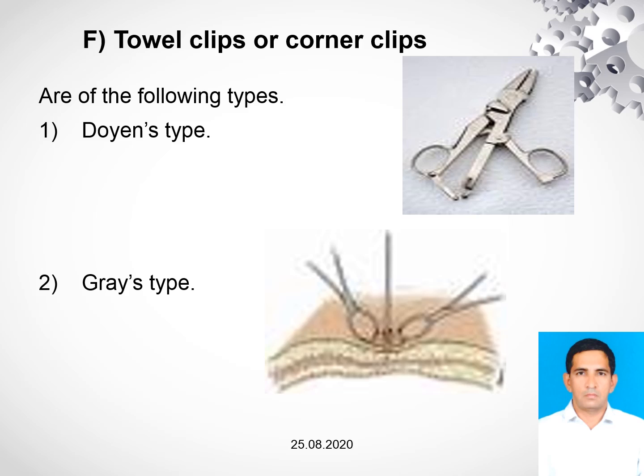The tips can secure the drape more tightly than a single prong clamp like Backhouse. The clamp has a cross-action spring handle.